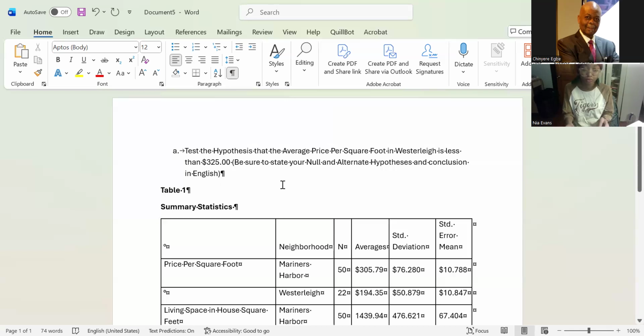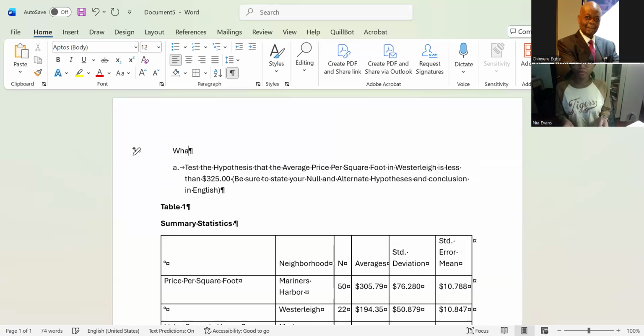That is a two-sided hypothesis. Then I'm going to test the hypothesis that the average price per square foot is less than or is greater than.